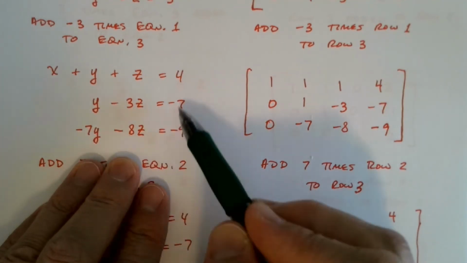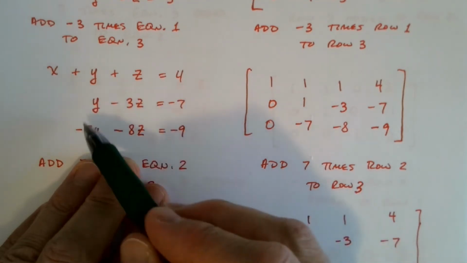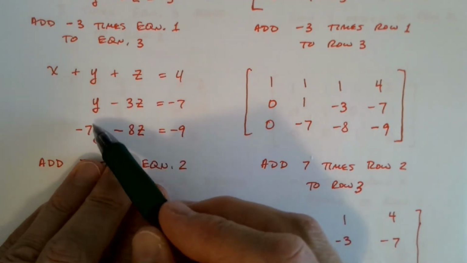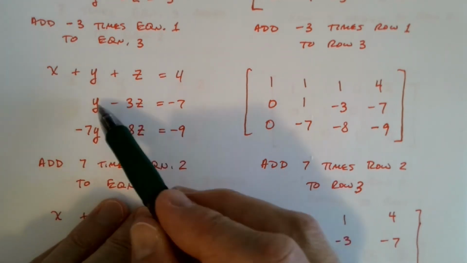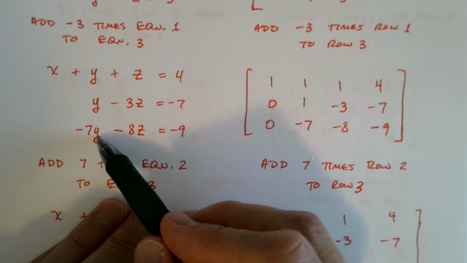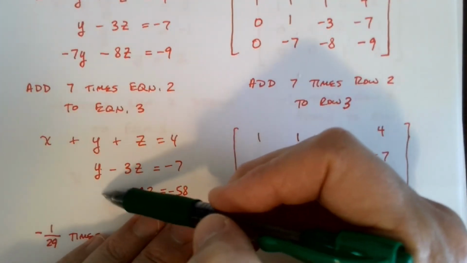Okay. One thing I can do is, again, elimination again. Now I'm down focusing on these guys. I got y and z, so I can eliminate y by doing what? Adding 7 times row or equation 2 to equation 3. All right. When I do that, I'm going to zero that out. All right.